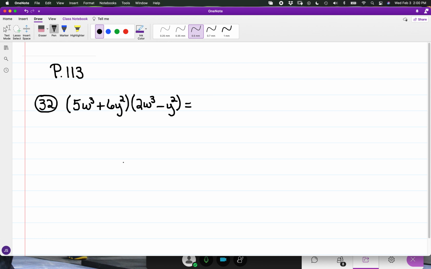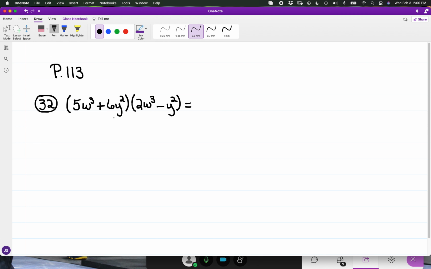Looking at resuming what we have been looking into from the start, among our review items we have going back to multiplying polynomial expressions, on page 113.